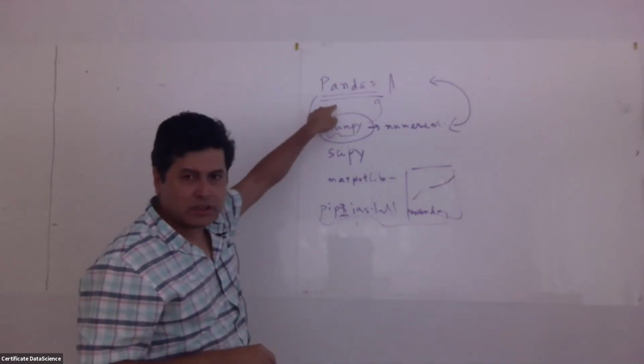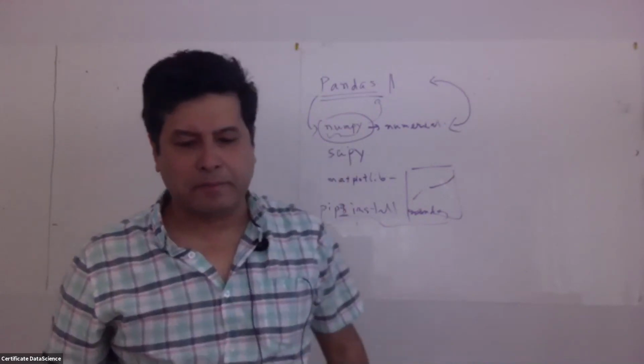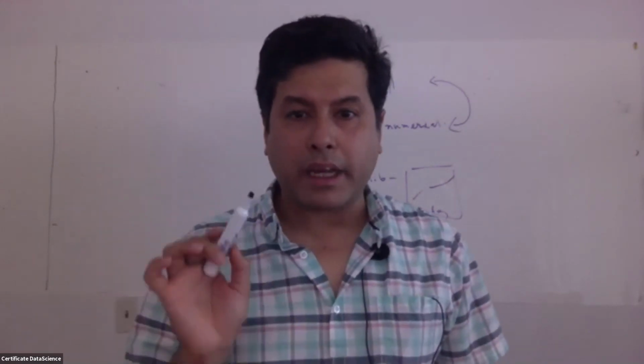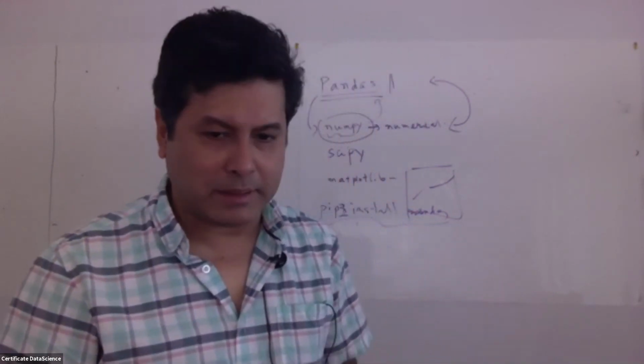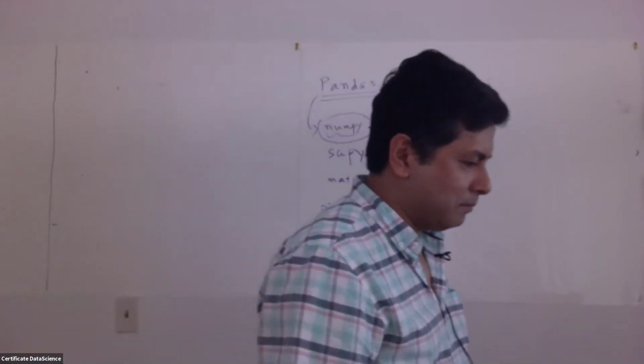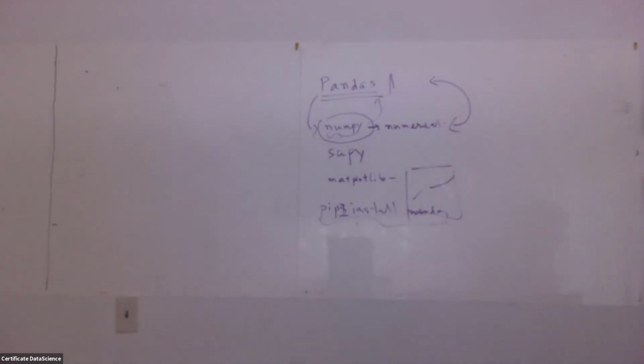But pandas on its own is fairly independent. Of course, there are some techniques in the Python programming language which you might not have been exposed to, and I will cover those as I discuss pandas step by step. That's why I will go step by step, so that you don't have to worry about dependent knowledge.